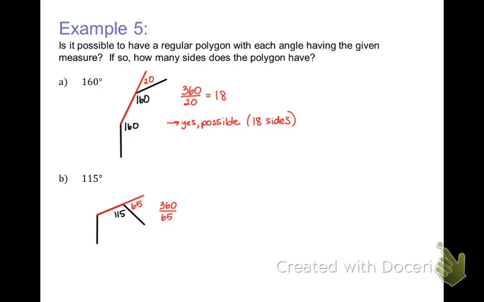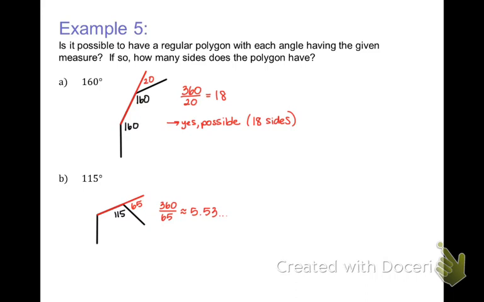What do you guys get for 360 divided by 65? What is the decimal? 5. This is enough for me to say, though, you get a decimal, you can't have a decimal number of sides, right?